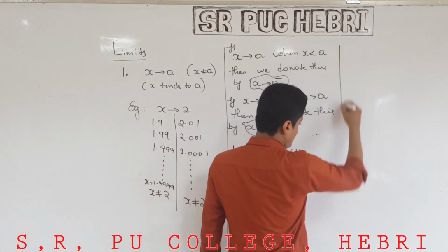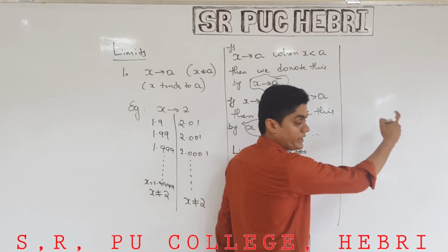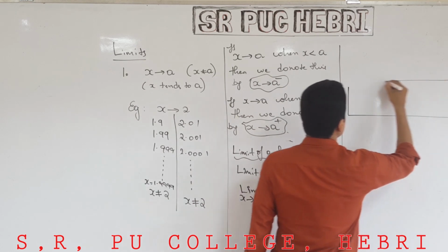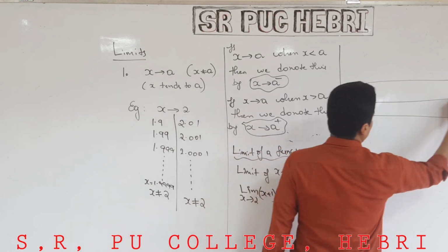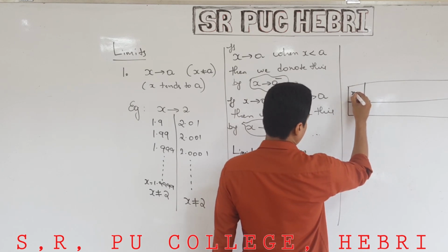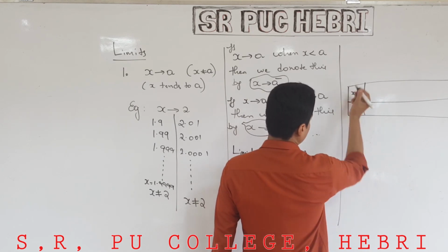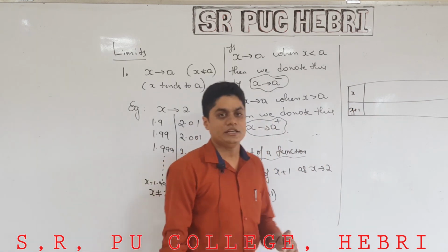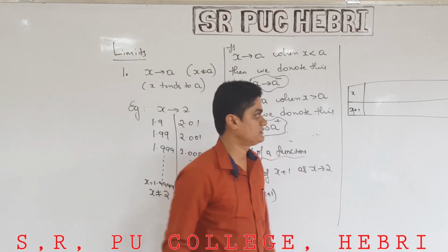For that I will write one very simple table. It requires 2 rows and a few columns. Here x, here x plus 1. You know what I mean by x tends to 2, so let me take some values.